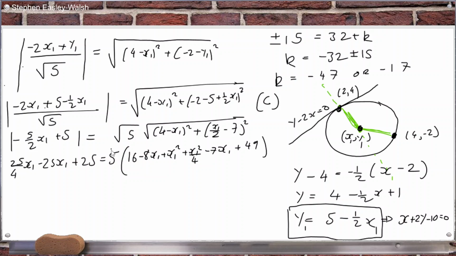Divide by 5. Basically gets rid of the 5 there. And multiply by 4. So I get 5x1 squared minus 20x1 plus 20 equals 49, 50, 65.